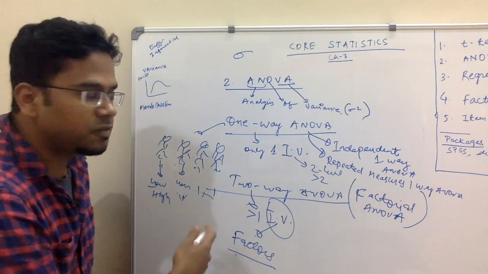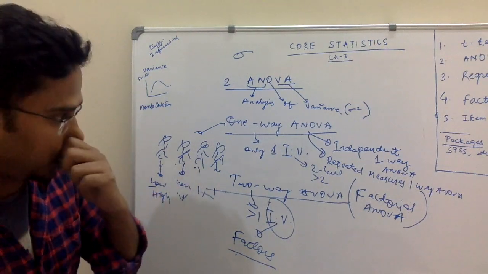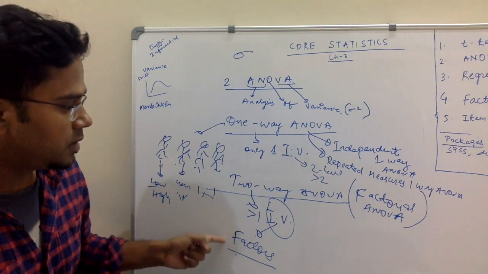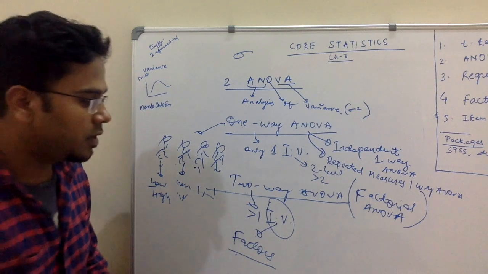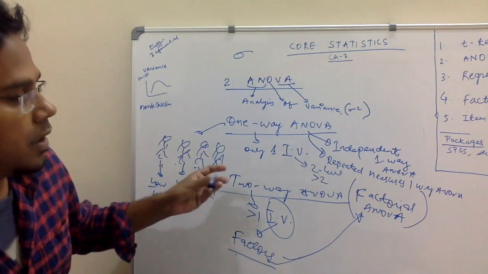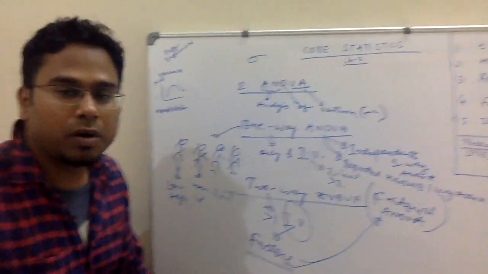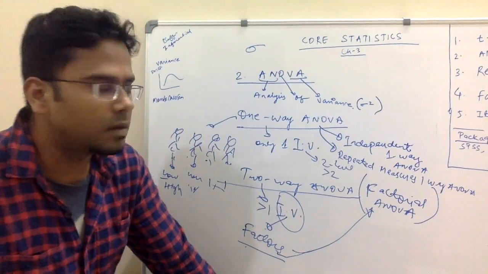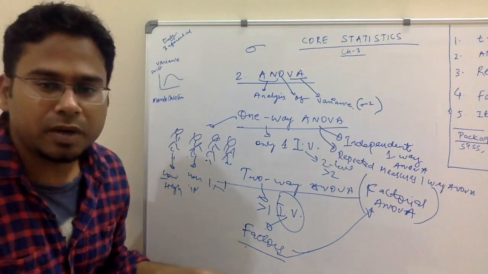So here noise is a factor. Their type of therapy was a factor. So this word gives us the term factorial ANOVA. You can call it either two-way ANOVA or factorial ANOVA. So this is why they are called factorial ANOVAs.